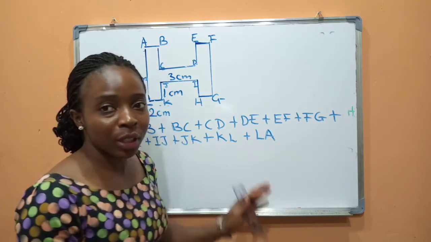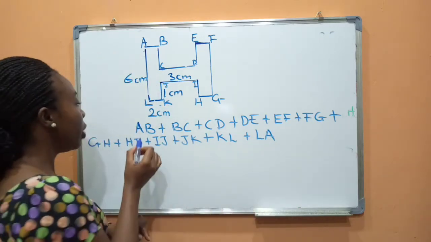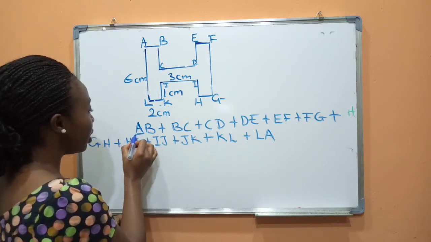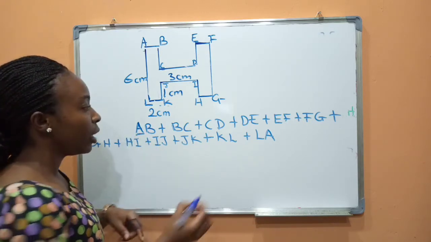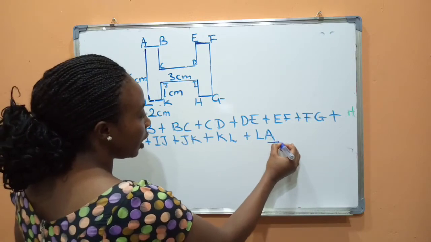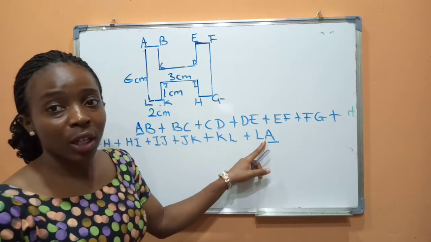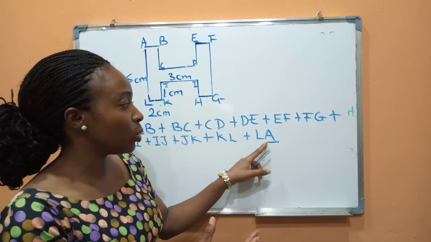Now the rule about this is make sure you start with the A. The alphabet that starts it is the A, and what we end it is the A. So you only stop when you have arrived at the last alphabet as A.